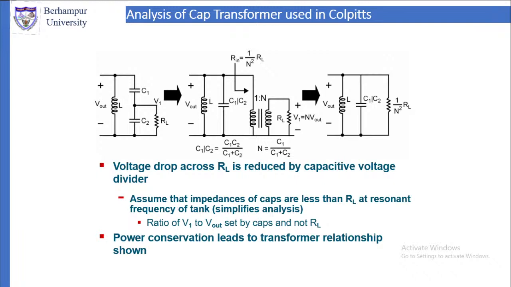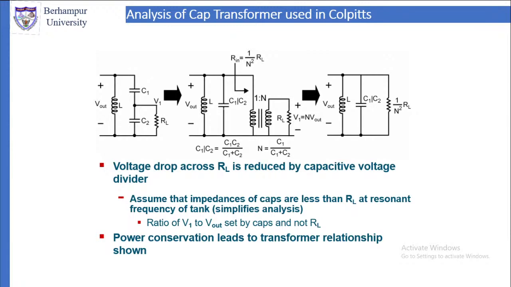Then in that case, the equivalent value of the capacitance will be C1 in series with C2, that is, C1 into C2 divided by C1 plus C2. What will be N? N will be equal to C1 by C1 plus C2. The number of turns will be determined as this, C1 by C1 plus C2. Then Rin is equal to 1 by N square into RL.